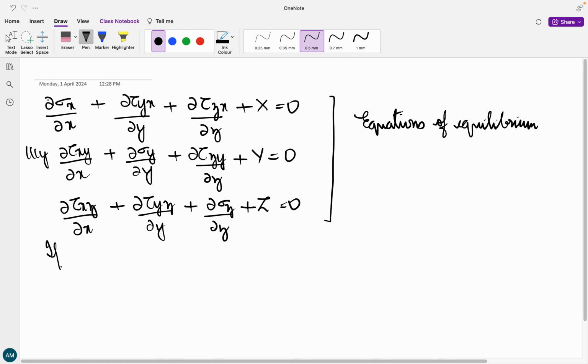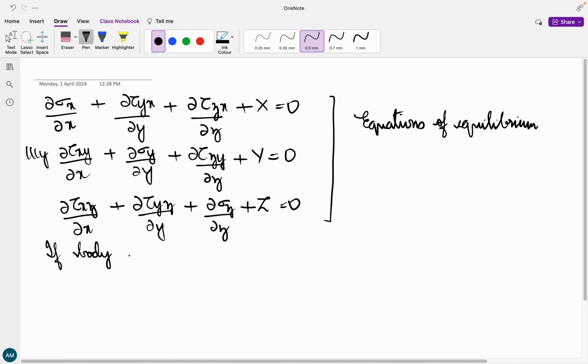Now, in the numerical problems, they are going to give you the equations of stresses and then they are going to tell you to find the equation of equilibriums with respect to some value, or they're going to ask you to find if the given problem is in equilibrium or not. If they give you the value of the body forces X, Y, Z, then this is the formula that has to be used.